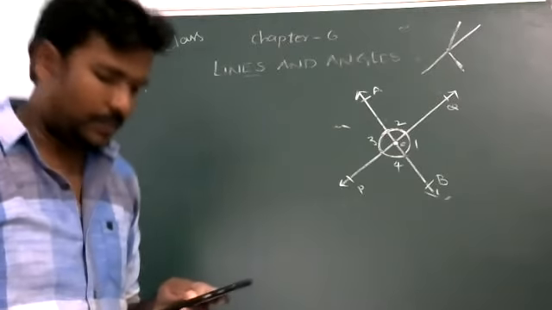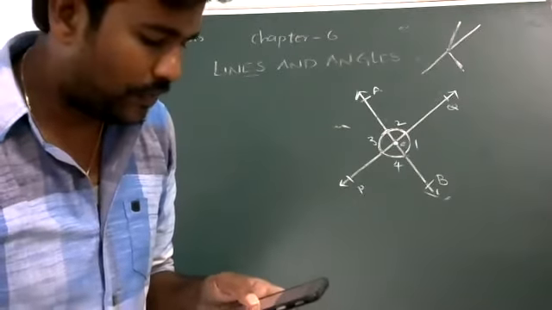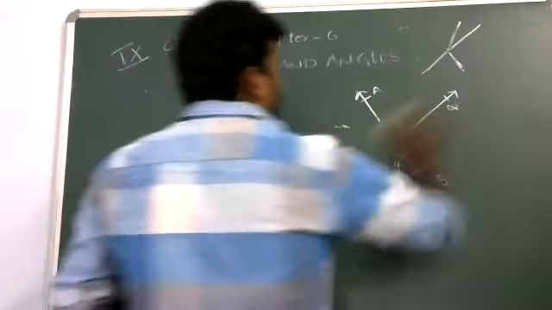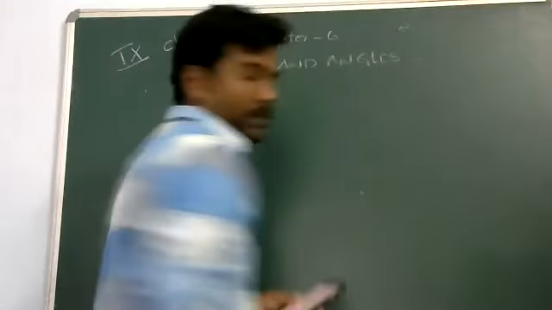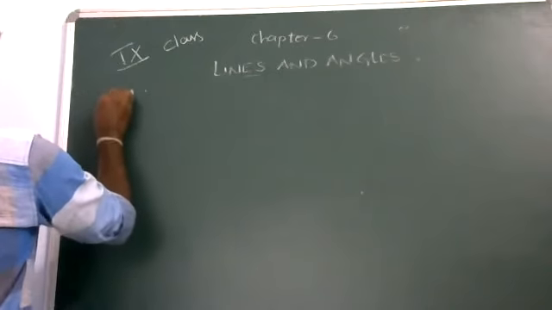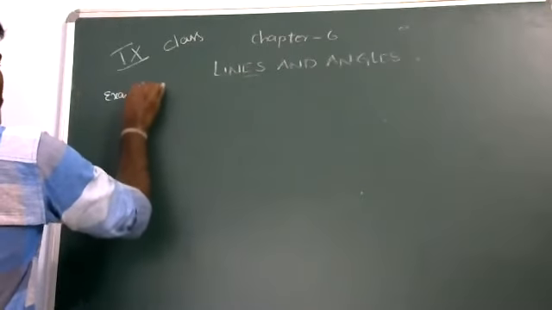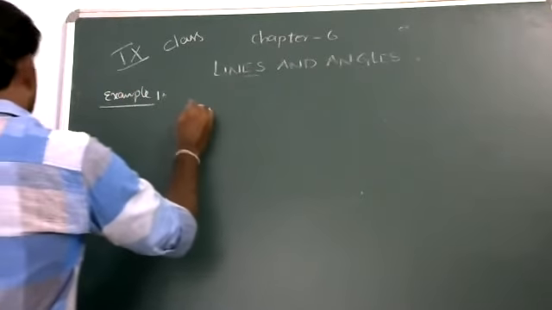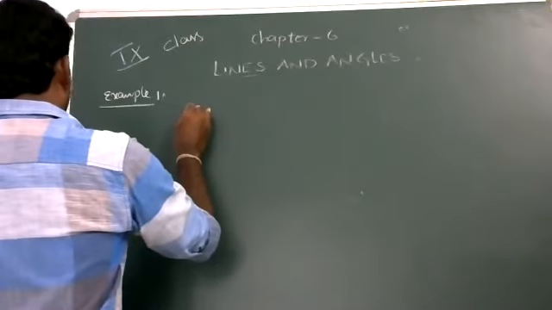Here you can see line PQ and RS. I'm going to write this example 1. Example 1. So what is given now?